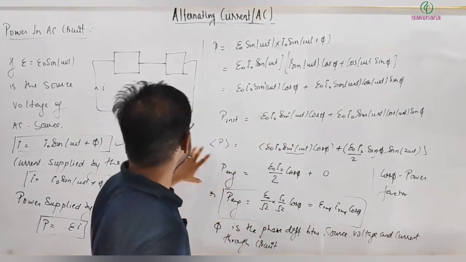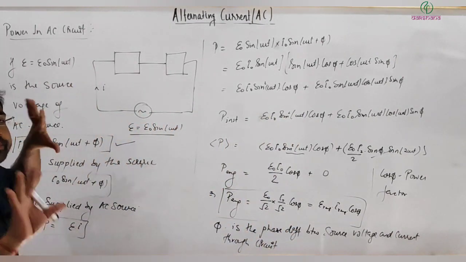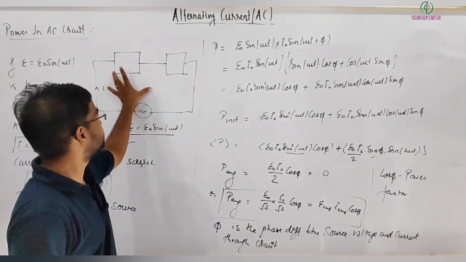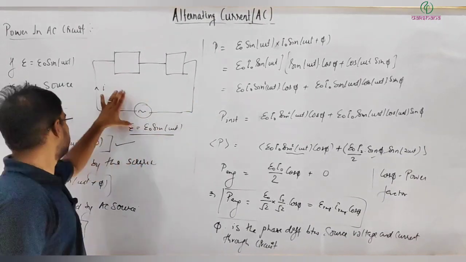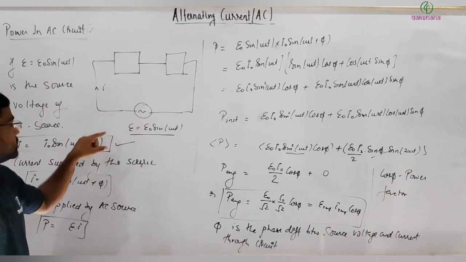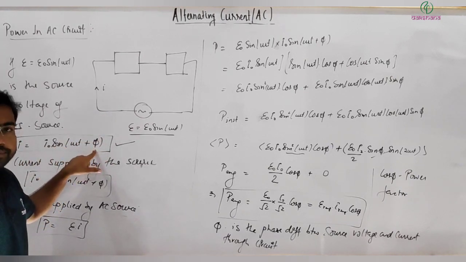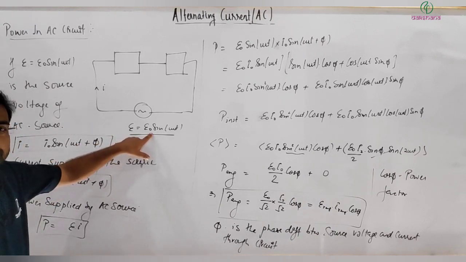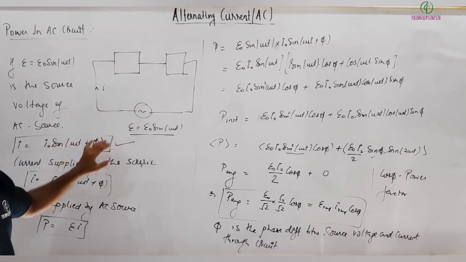So nothing to worry about. Whatever the circuit element is given to you, you can get the current through it, and automatically you will have phi also, because to get the current you need to calculate phi actually.